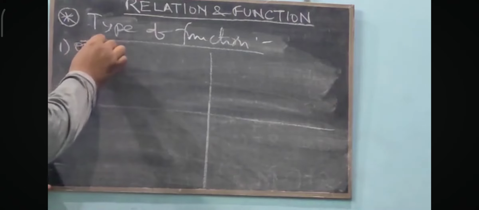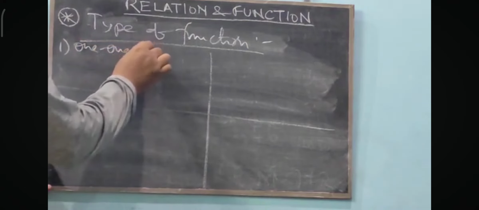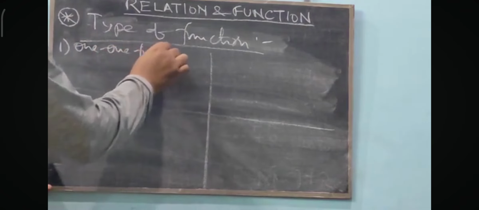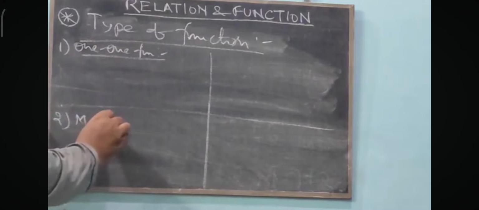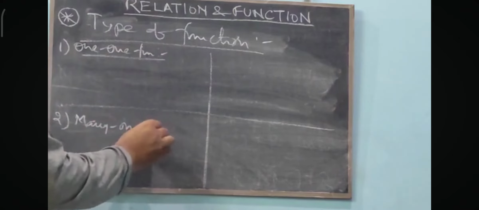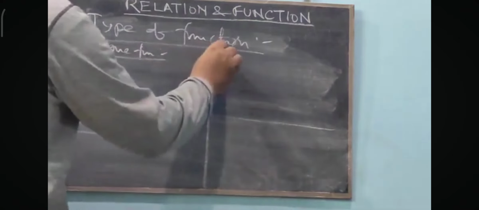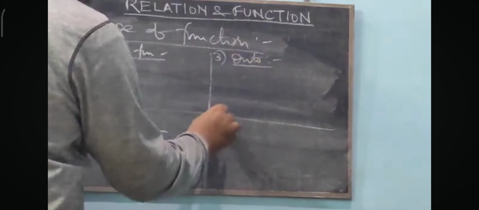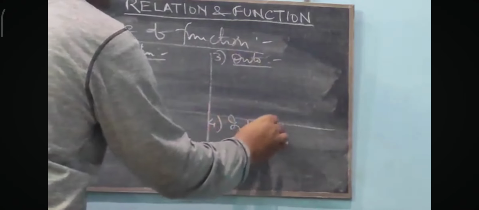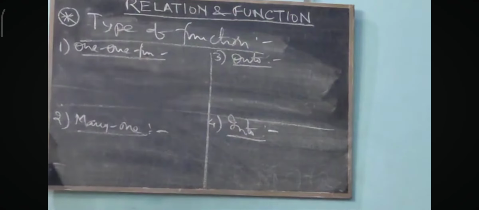First one is one-one function. Second one is many-one. Third one is onto, and fourth one is into.